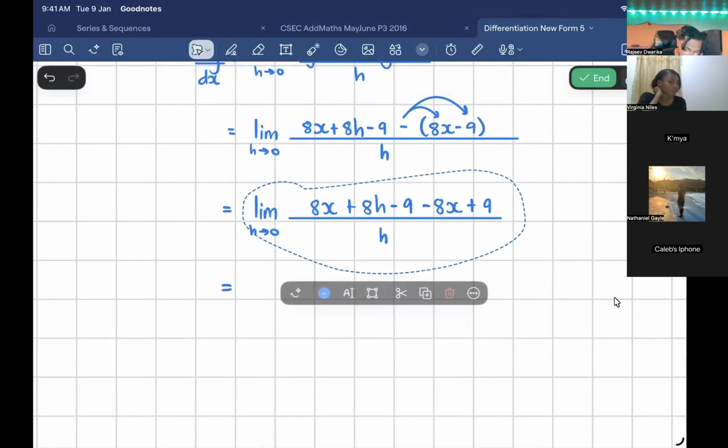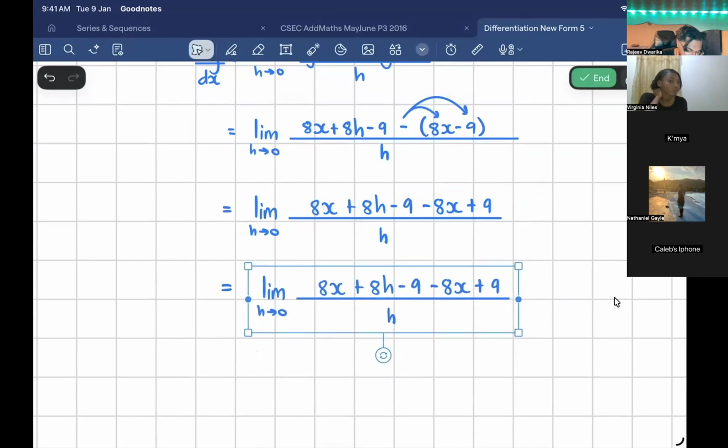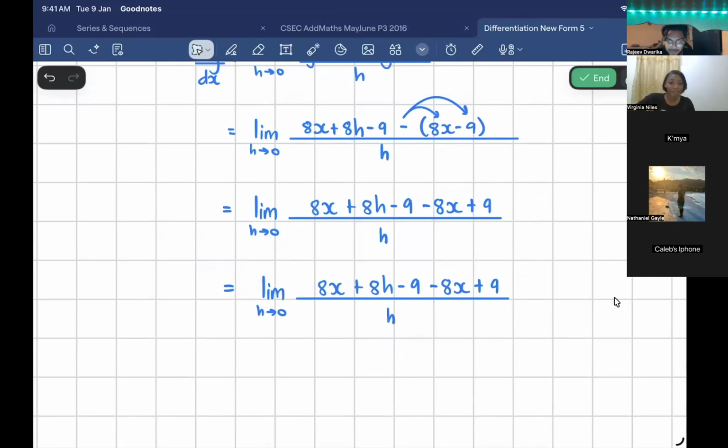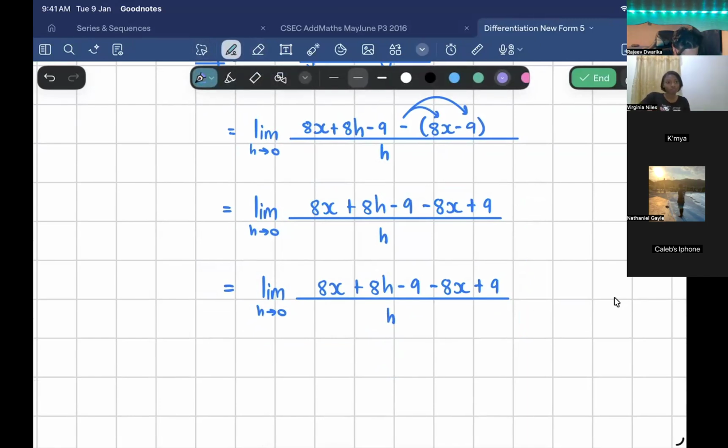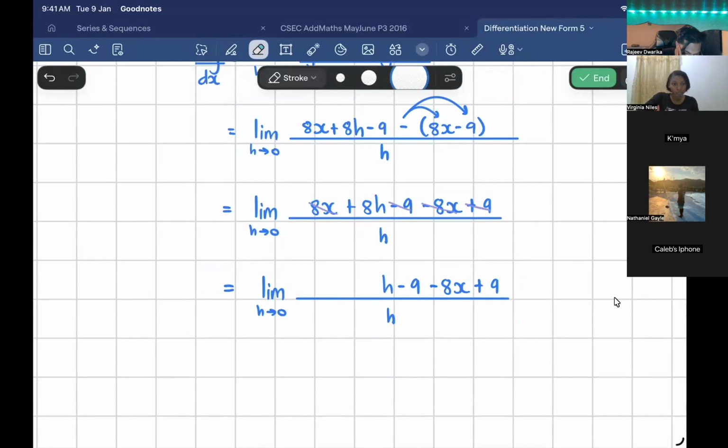You can't do this in the exam though, sadly. Okay, so we cancel off 8x and minus 8x, and minus 9 plus 9, so you'll be left with 8h over h.